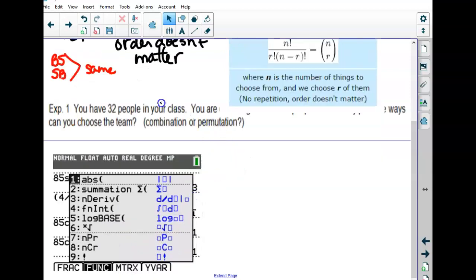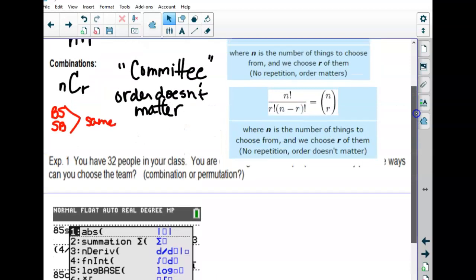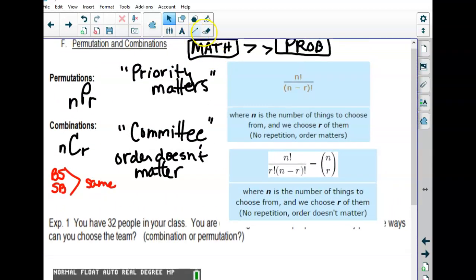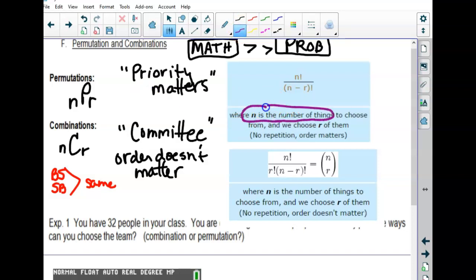Is this on my next slide? Is there something more I need to write here? Oh, let's talk about exactly what n and r represent before you forget, okay? You might want to just write somewhere next to these that n is the total number of things to choose, and the r is the number you're choosing.